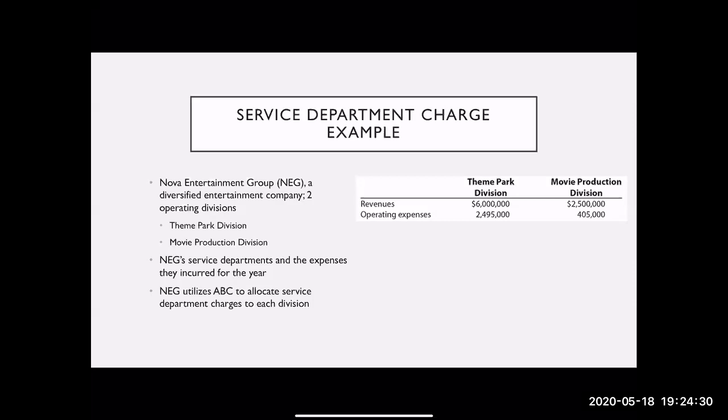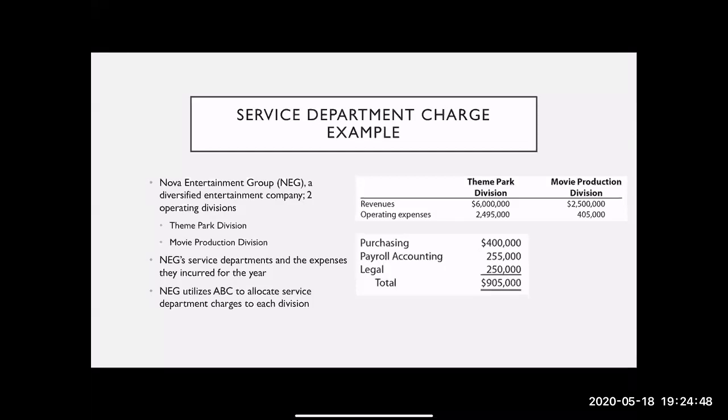So NEG utilizes activity-based costing to allocate service department charges to each division. Okay, so we have this theme park division. This is their revenues and operating expenses. And then we have the movie production division, right? And so the departments that both the theme park division and the movie production division use are purchasing, payroll, accounting, and legal, for a total of $905,000.